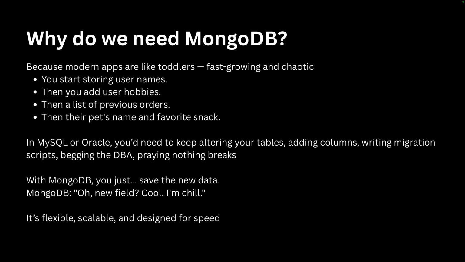So that is how things were in relational databases. But with MongoDB, you just save the new data as a new document, and MongoDB is like, oh, new field, cool, I am chill, and it just saves that new information without breaking anything which already existed. So MongoDB is very flexible, scalable, and is designed for speed.